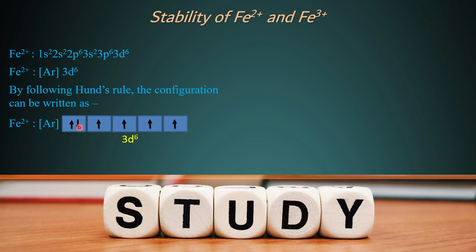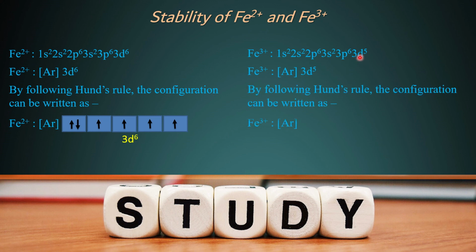and in the opposite direction. But if you see the electronic configuration of ferric, the last shell, the degenerate 3d orbital, has 5 electrons. That means it is in a half-filled condition, 3d5. If you see it by following Hund's rule, all electrons are present in the same direction.